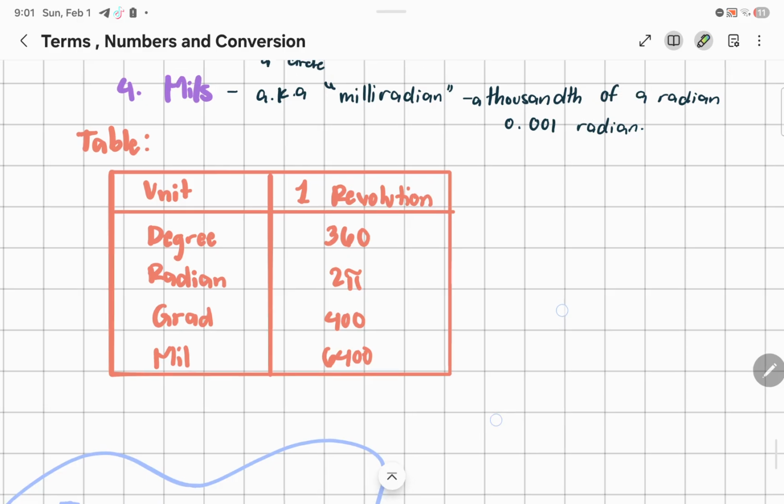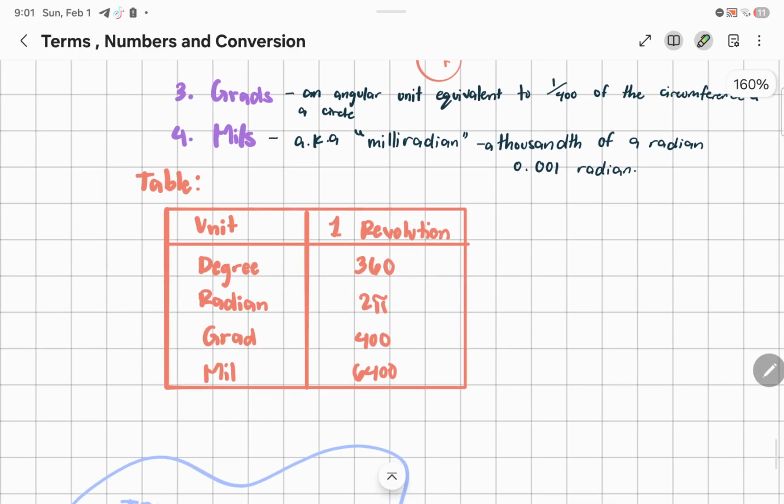Just a simple table: when our unit is degree, one revolution is 360 degrees. When it's radian, it's 2 pi. If it's grad, that's 400. And if it's mil, then it's 6,400.